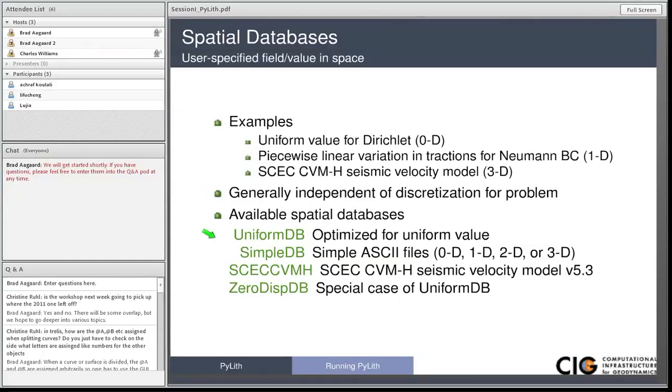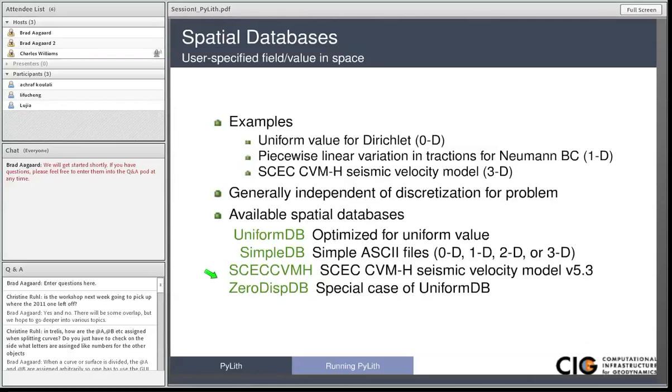There are several types of spatial databases. There's a uniform database that allows you to directly specify the values in a parameter file. There are simple databases, which are ASCII files that you can use for 0D, just a single point, 1D variations, 2D variations, 3D variations, and then there's a special database for the community velocity model. This is an older version, 5.3.